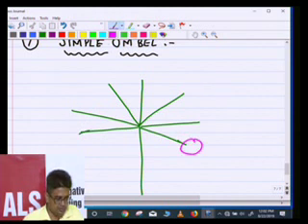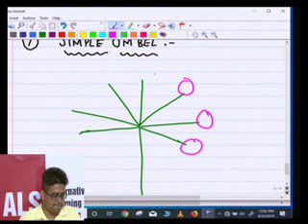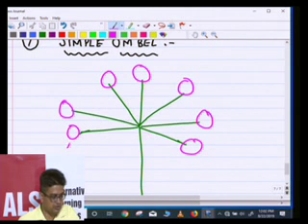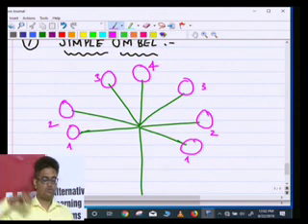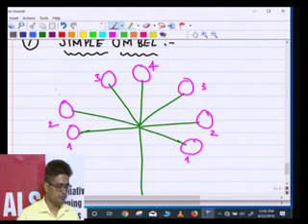Now let me draw it. Okay, so the flowers which are first undergoing flowering, this one and this one, 2 and 2 and 3 and 3, and this is the fourth flower to open up. Now if you see the top of this flower, it looks like an umbrella.